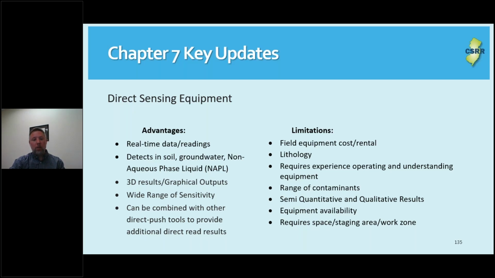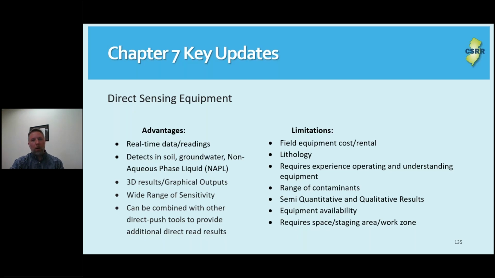The field limitations on these is that there is a significant cost. Again, that's relative. However, you can have some expedited characterization, but just understand that field equipment and the cost. With a lot of the direct push technology, there is a limitation on lithology. So you do need to generally understand the application in which you intend to use these.